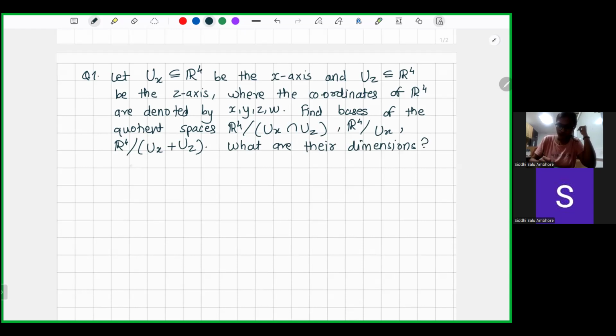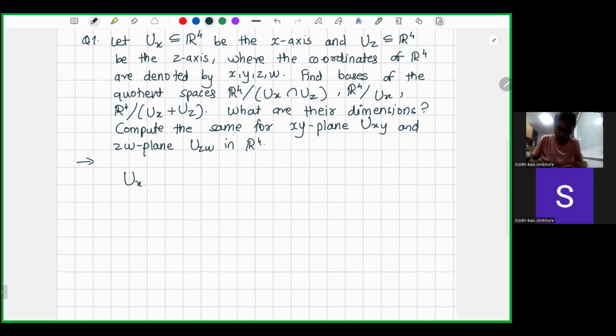Then compute the same for the XY plane, UXY, and the ZW plane, UZW in R4.